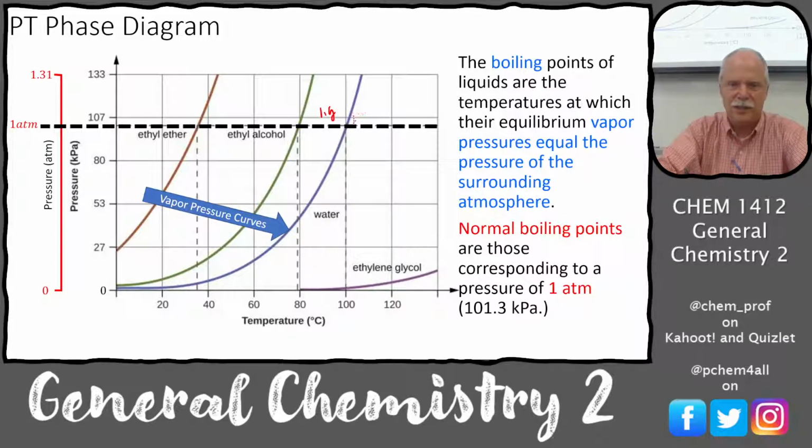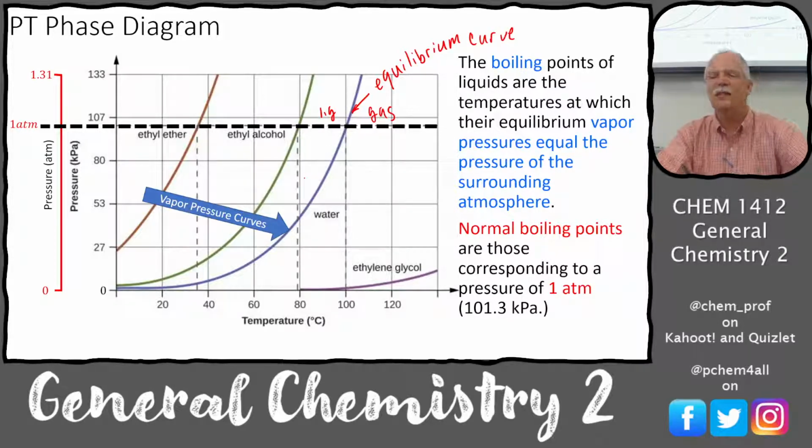And at higher temperatures than this curve, we have gaseous water. And on that curve, we have the equilibrium. It's also called the vapor pressure curve because that's the pressure that water will have at any of those temperatures.